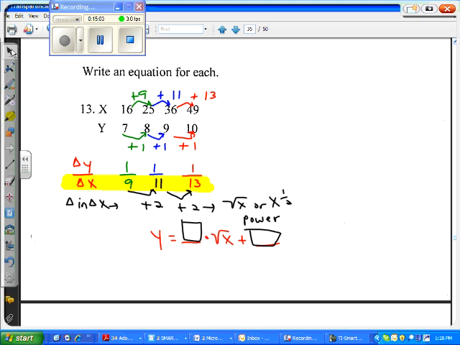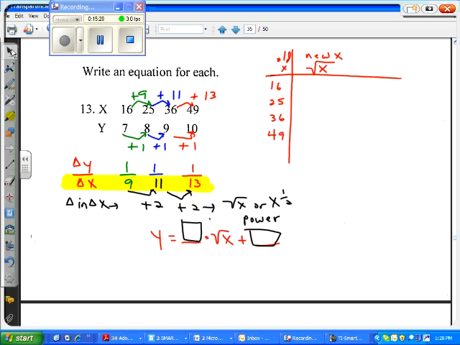So what we want to do is we have our old x's. Our old x's were 16, 25, 36, and 49. And what we want to do is get some new x's by taking what we know so far, square root x.